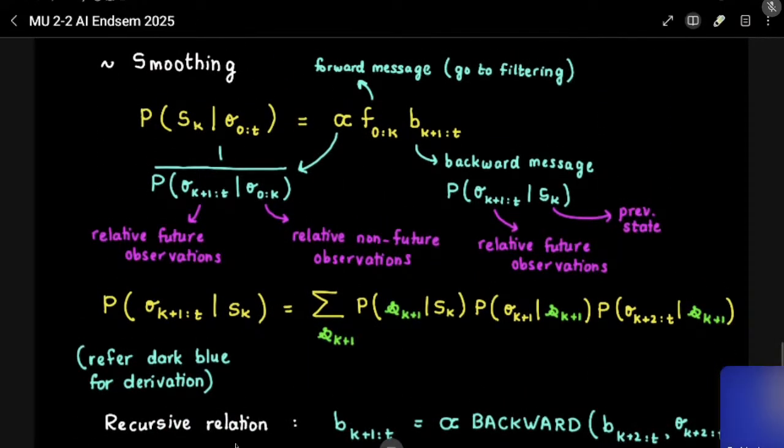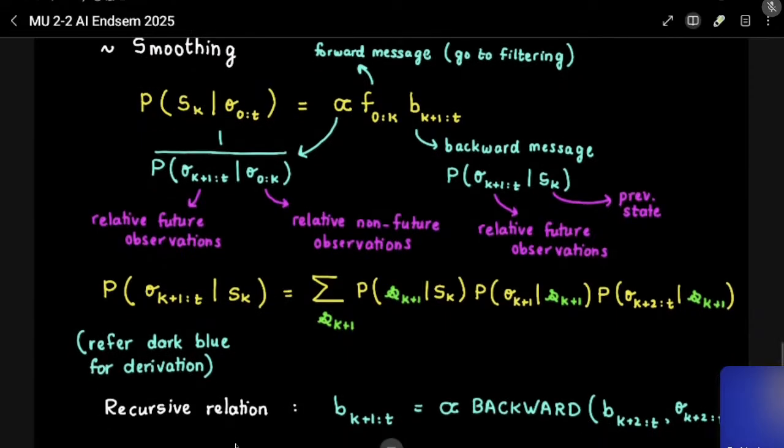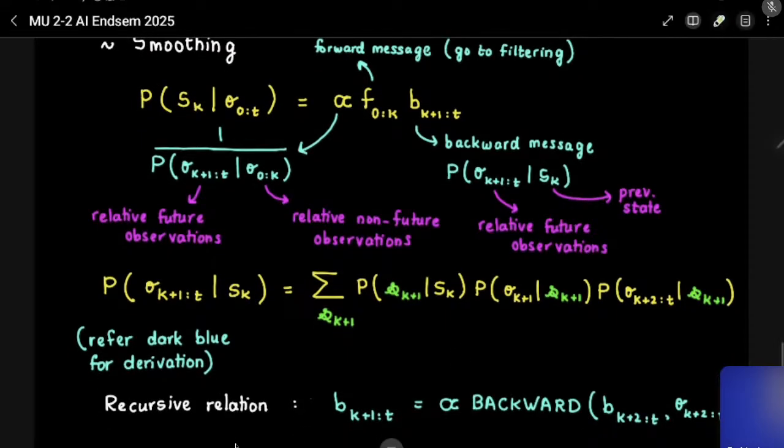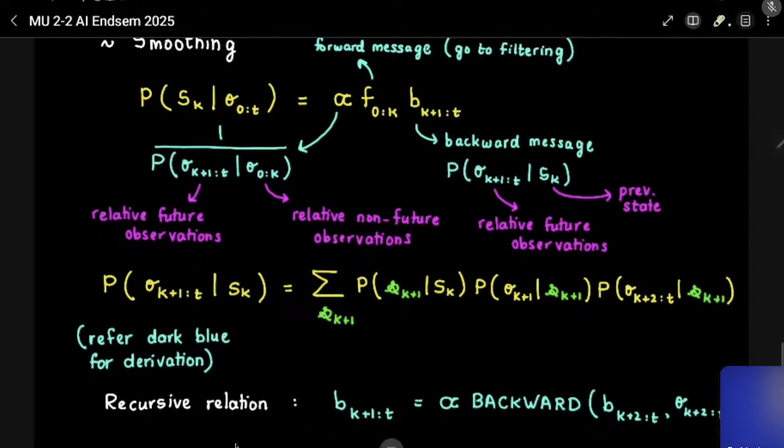Smoothing is inquiring into the past, no? So you have some mathematical mumbo jumbo here that somehow shows you how to write the recursive relation.